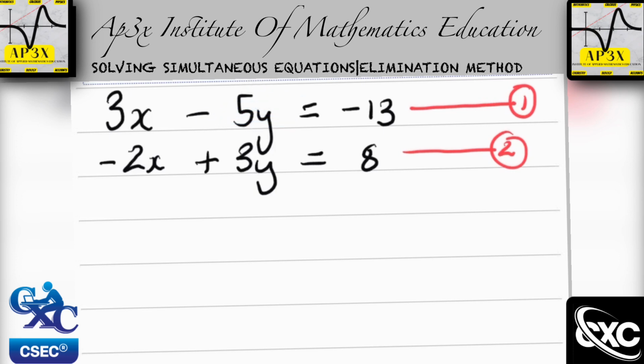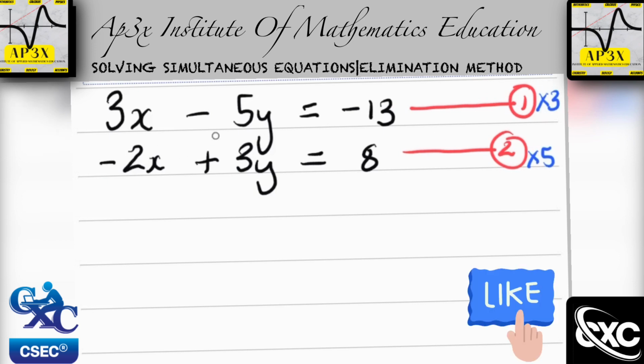I'm going to go ahead then and multiply down here by 5, and then I'm going to multiply up here by, say here, 3. Now, a few students may be asking the question, isn't this a negative 5? Yes, you could go ahead and multiply down here by negative 5, but then the sign is going to automatically work itself out. So if you decide that you want to multiply down here by negative 5 and up here by 3, prepare to deal with the changes in the signs.